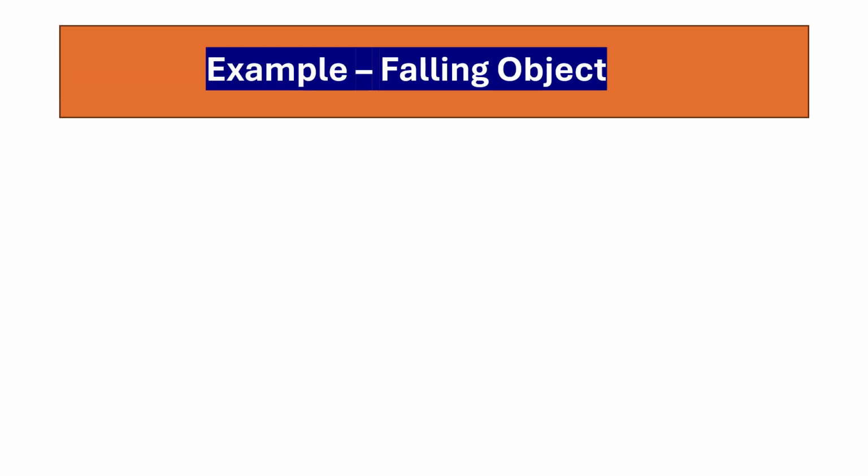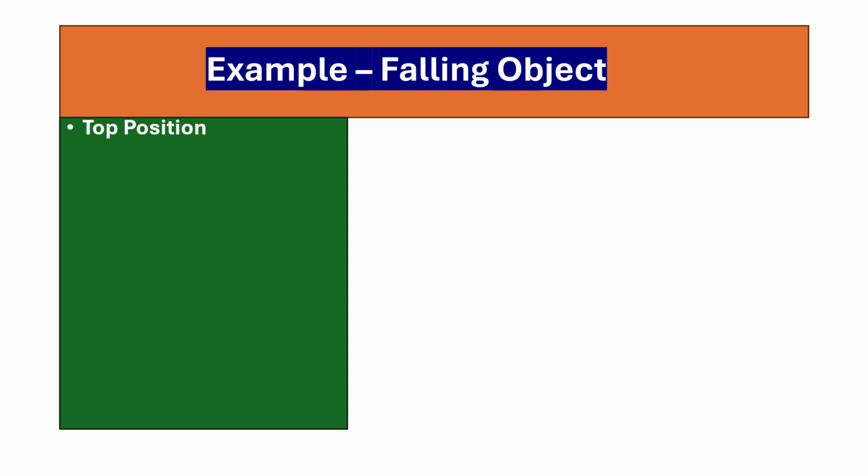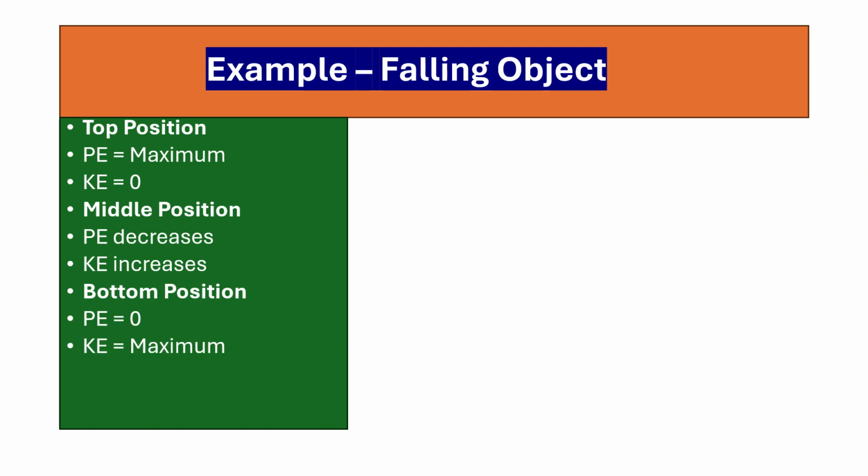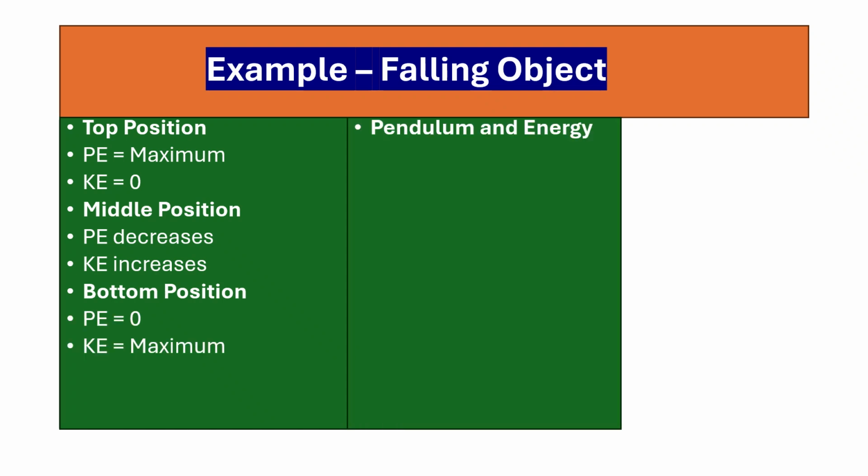Now the important concept, students, you need to remember related to a falling object. At the top, potential energy is maximum and kinetic energy is 0. What about the object when it reaches the middle position? Potential energy decreases, kinetic energy increases. And when it reaches the bottom, potential energy is 0 and kinetic energy is maximum.